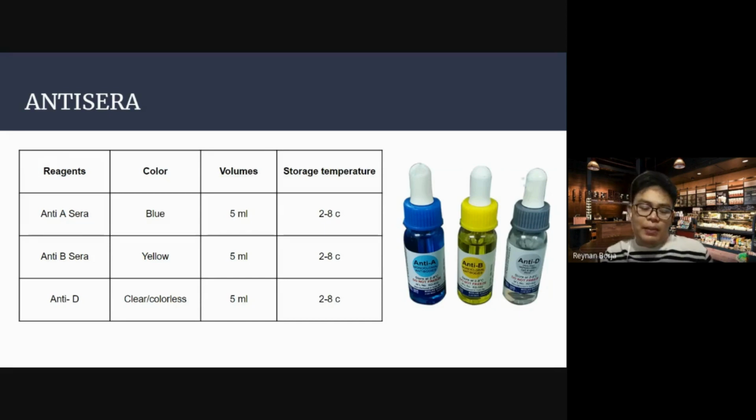Tama? Pag sinabi naman natin, kapag group O naman, plasma, dapat group O lang. So, technically, si blood group O is universal donor. Pero, highly specific siya na recipient, O, no matter what. It's either plasma, red cell, laging O. Okay?